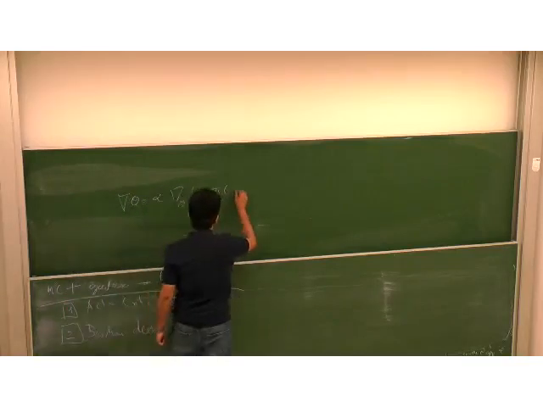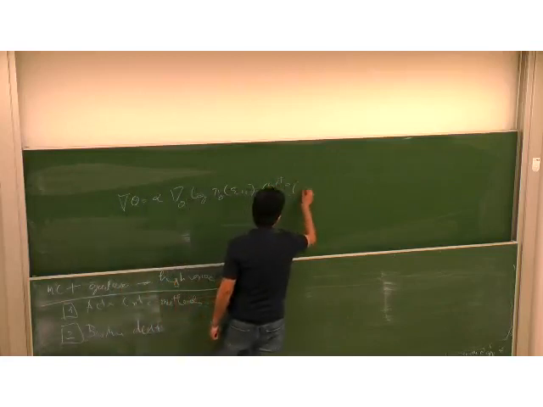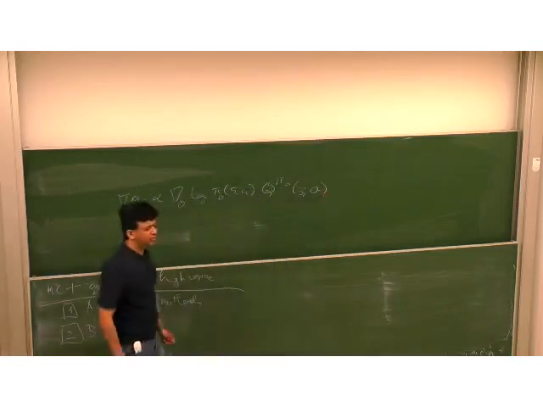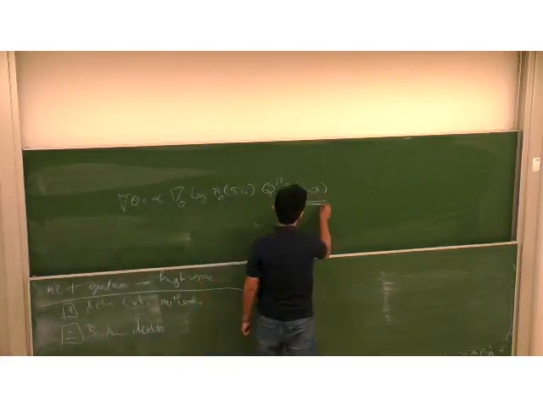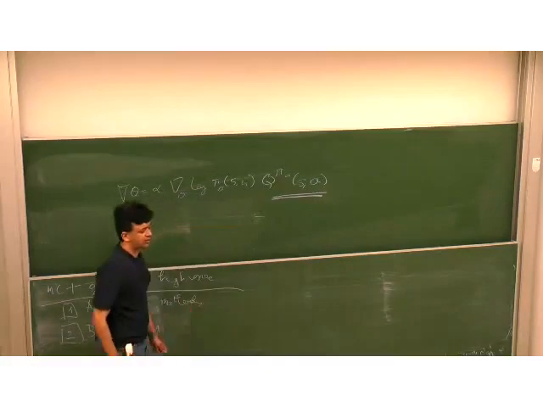log pi theta. So this is the ideal formula, right? And what you want to approximate here is you want to represent this thing by some sort of a function approximation as well.